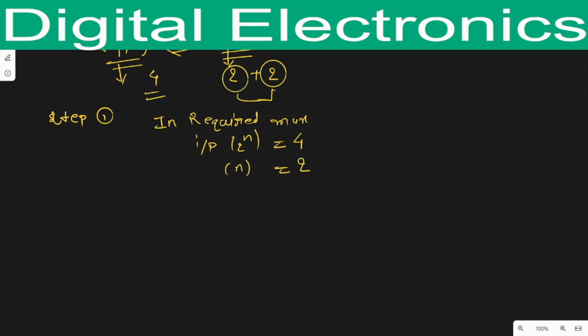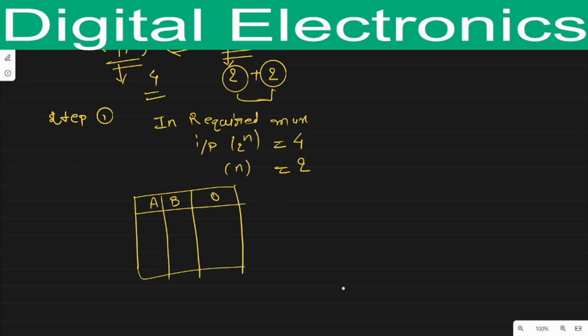Now its truth table will be with A and B as the selection lines and this one as the output. 0 0, 0 1, 1 0, 1 1. This is the truth table for 4x1 mux, and this one is the block diagram of 4x1 mux.